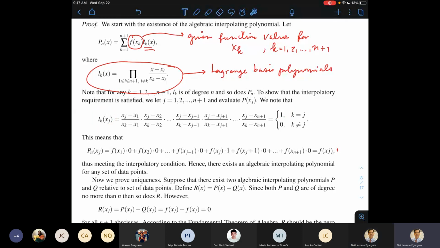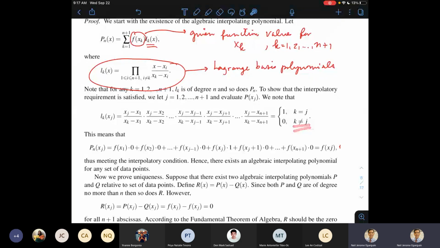Alright? Pero kapag si k ay hindi equal kay j, ibig sabihin, isa sa mga factors na to ay posibleng ganito yung itsura. Di ba L sub k to? So, ibig sabihin meron akong x minus xj over xk minus xj.